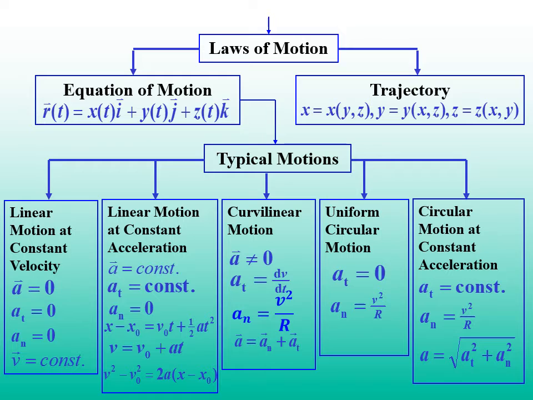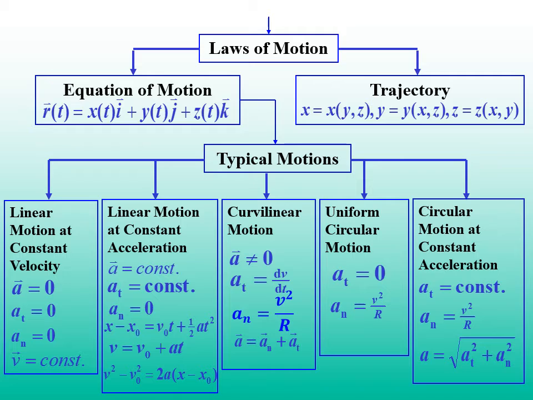For curvilinear motion, the acceleration vector is not equal to 0. The tangential component of the acceleration equals to the change rate of the magnitude of the velocity. The normal component equals to v squared over R, where R, the capital R, is the curvature radius of the motion.